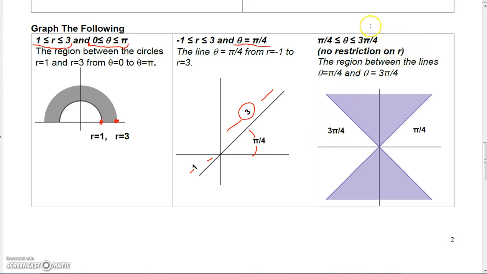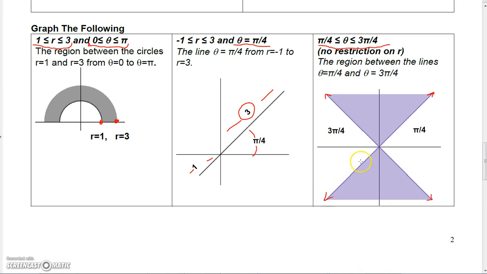And last, let me show you this one. This one lets theta range between pi over 4 and 3 pi over 4. This line is pi over 4, and this line is 3 pi over 4. Now there's no restriction on r, so technically these go infinitely in these directions.